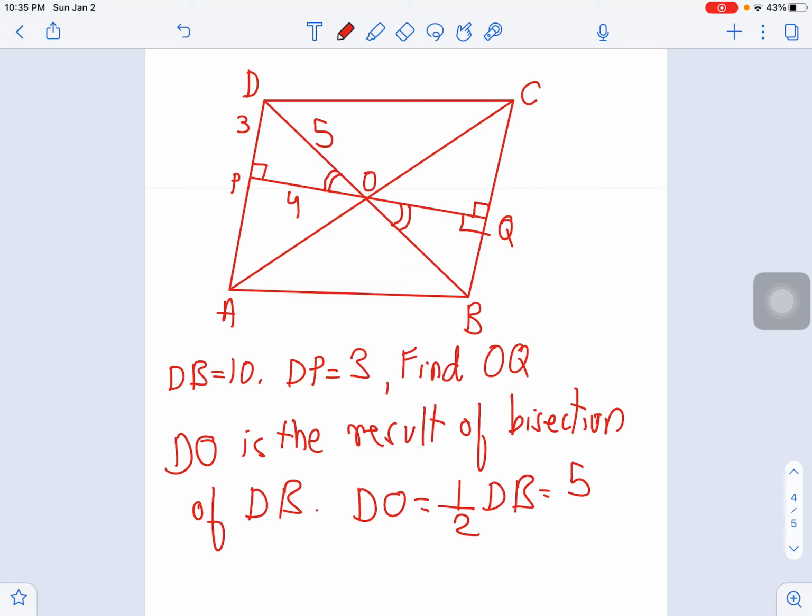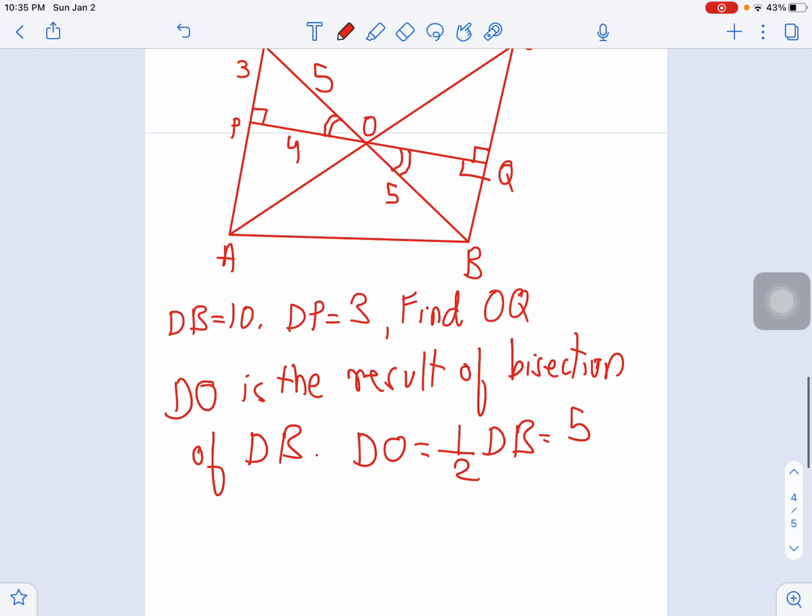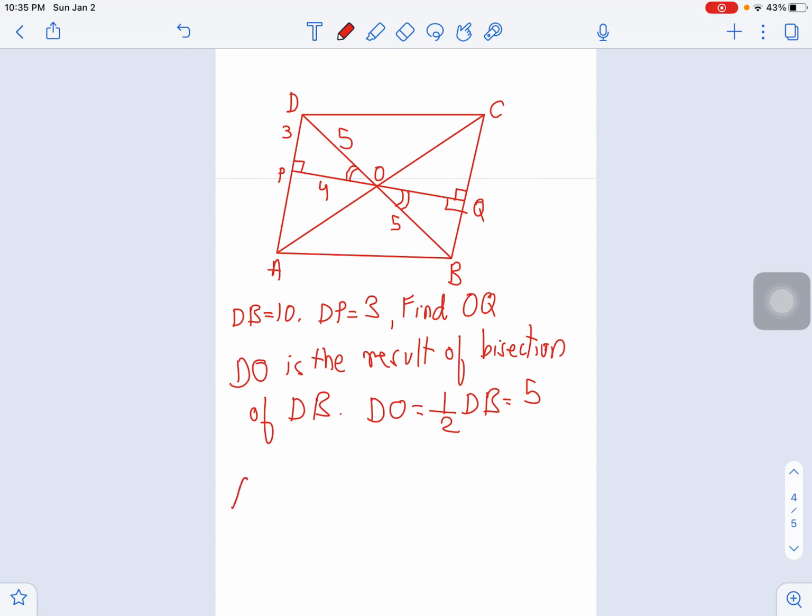And that being the case, you realize the fact that you have triangle QOB having OB also 5 units, making the triangles ODP congruent to triangle OBQ.